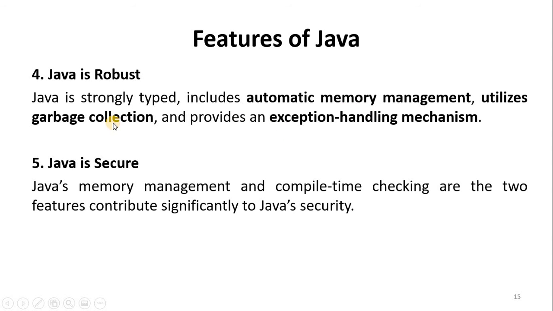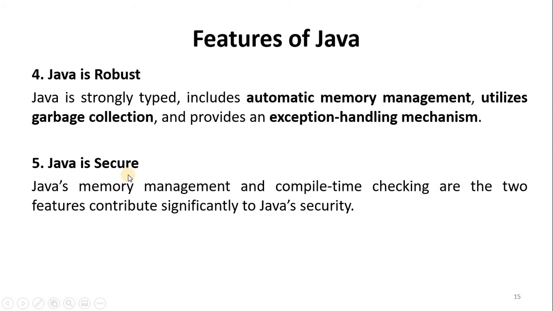For example, you construct memory using a constructor, and there is no destructor in Java programming. So memory is automatically released, and Java also provides support for an exception handling mechanism for any problem that happens during runtime. So there is a possibility to handle the errors. The exception handling mechanism also provides good support.